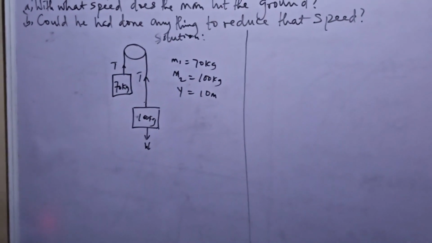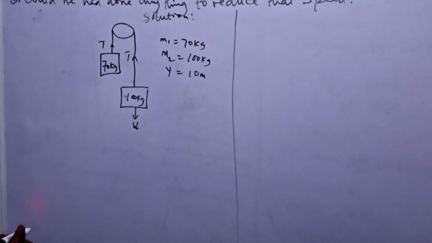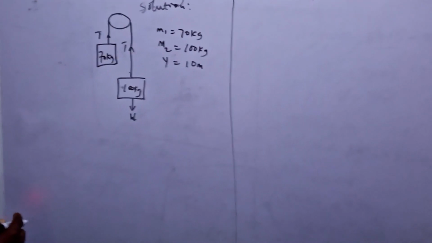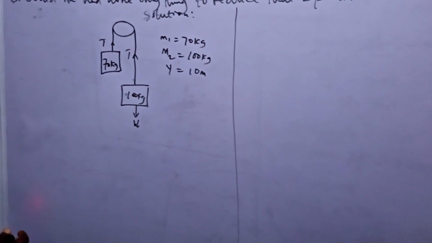Now let's see how we can solve this. Let's start resolving this from the 70 kilogram weight. If you have been watching other ones, you will know how and why we have been doing it so. But let's really resolve this one.